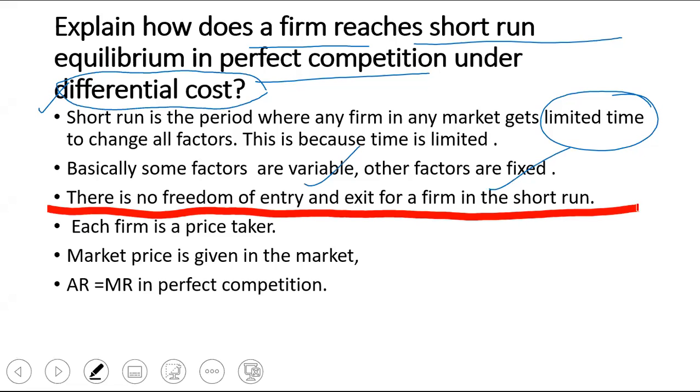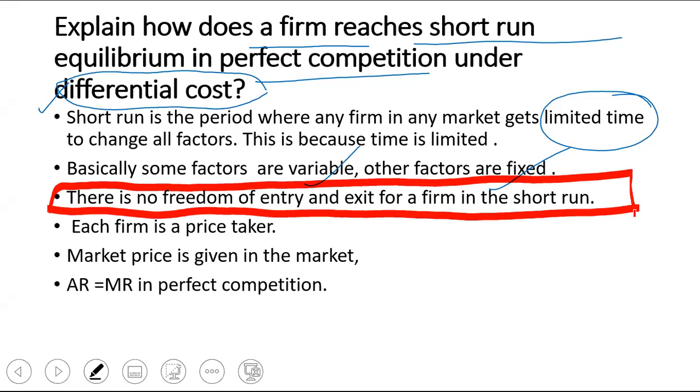There is no freedom of entry and exit for a firm in the short run. It is most important; if you do not write this, you will not get marks. Children, entry means coming inside. Exit means going outside. Write the meaning there. Entry means come inside. Exit means go outside. So in the short run, what is the problem? There is no freedom of entry and exit.